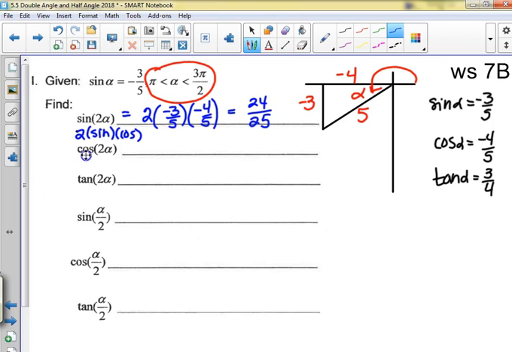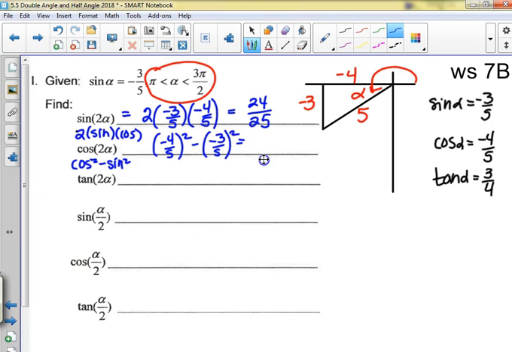All right. Cosine. 3 possible formulas. Pick one. The first one, cosine squared minus sine squared. Did I get it right? Okay. So what's the cosine value? Negative 4/5, and we're going to square it minus the sine squared, which is negative 3/5 squared. Uh-oh.